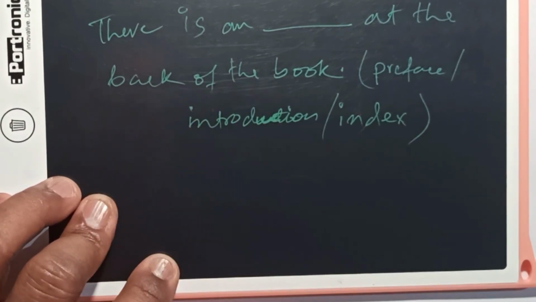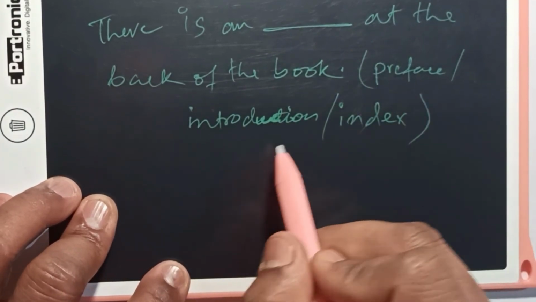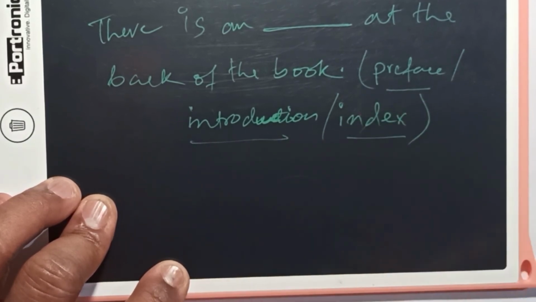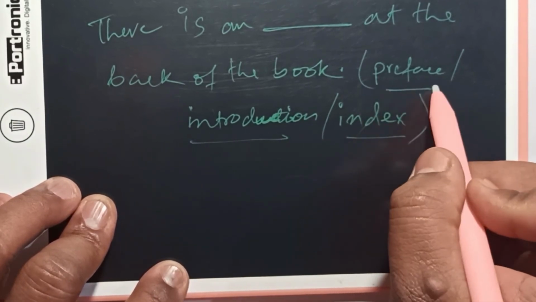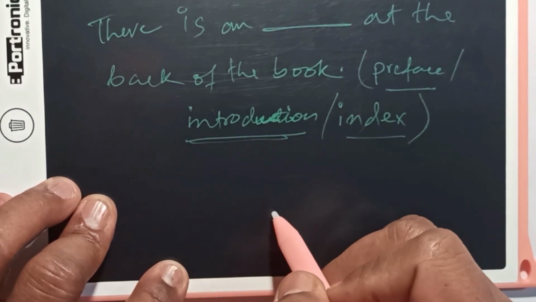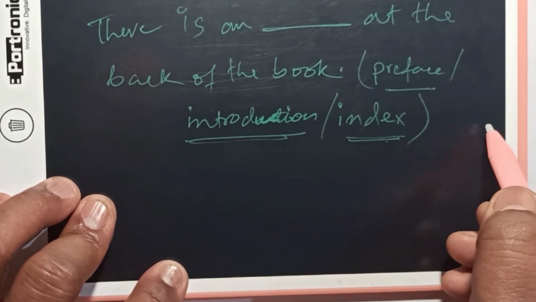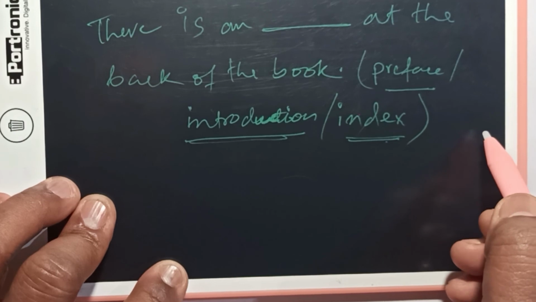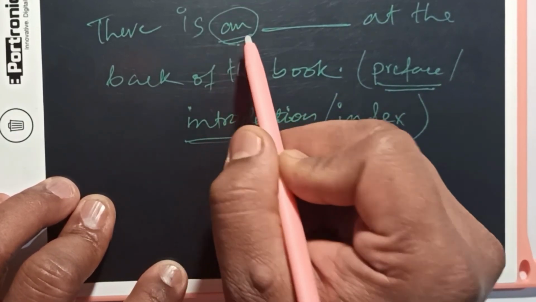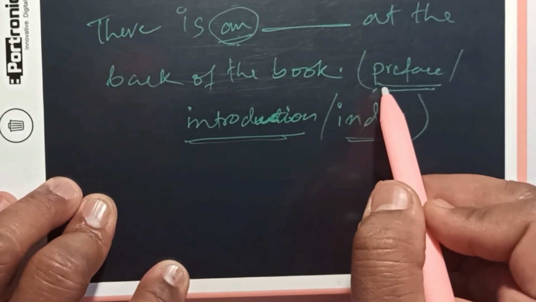There is an dash at the back of the book. We have three things generally found in a book: preface, introduction, and index. Preface begins a book, and introduction also begins a book. Index can be found in the beginning also, it can be found at the end also. So preface cannot be because we have an N here, which means we need a vowel sound starting here.